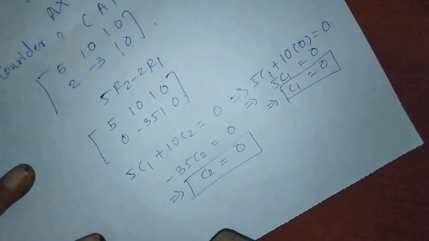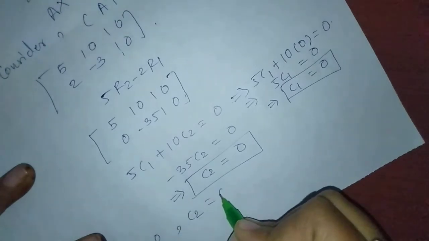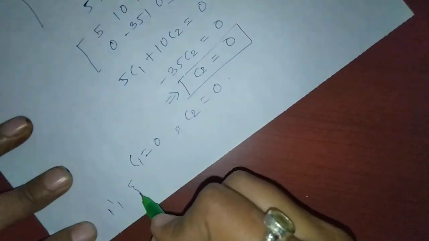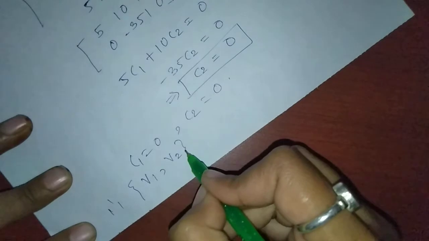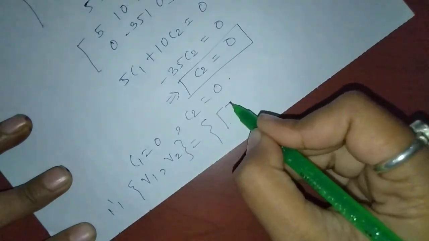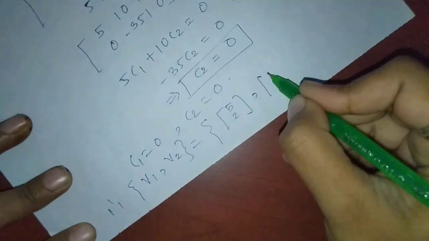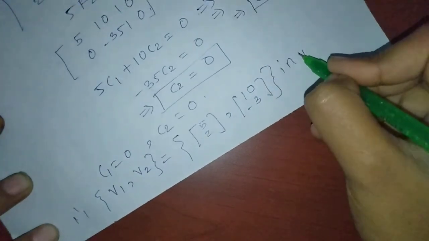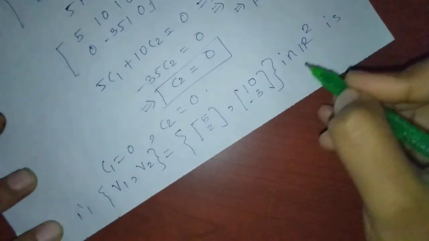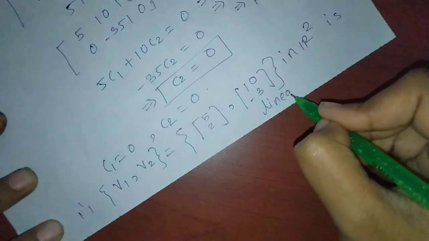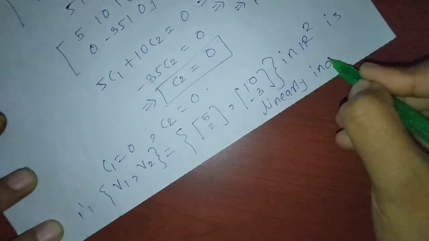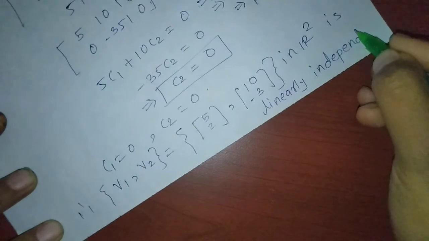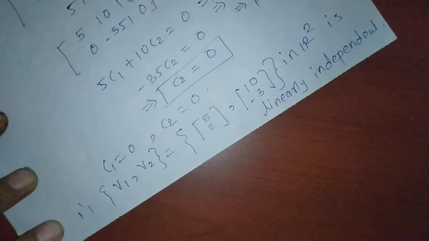Here we get c1 equal to 0, c2 equal to 0. Therefore, the set v1, v2, which is (5, 2) and (10, -3) in R2, is linearly independent. Here we stop.